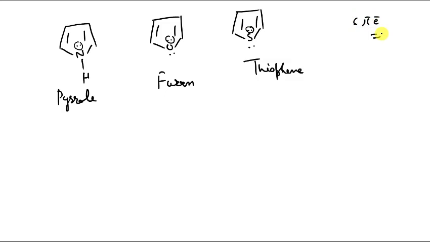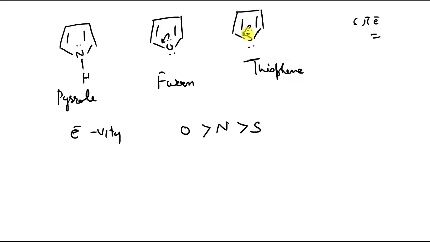Now the compound in which these electrons have higher participation in resonance will be more stable. If we compare the electronegativity, oxygen has the highest electronegativity, then nitrogen, then sulfur. That means oxygen will prefer to keep its electrons towards itself, so it will not readily donate electrons towards resonance, whereas sulfur, being least electronegative, will donate its electrons towards resonance easily.